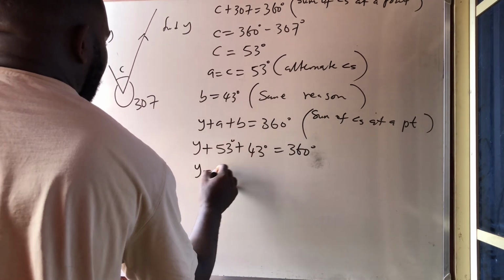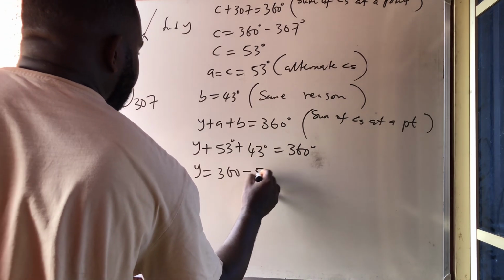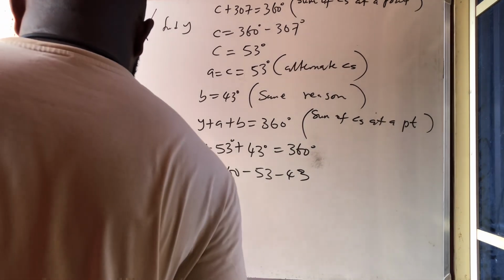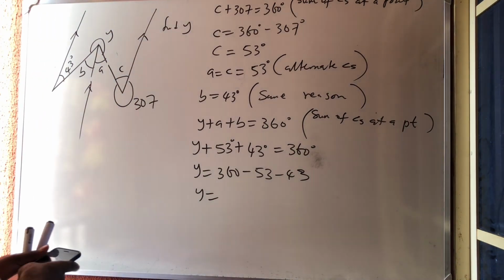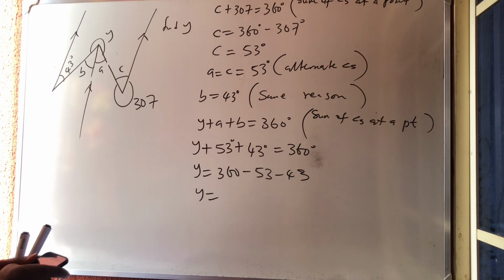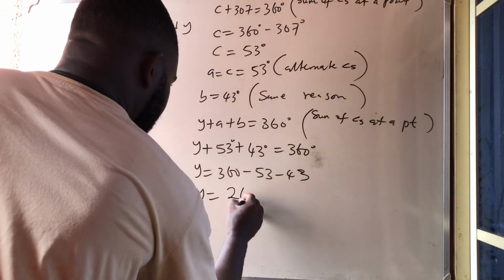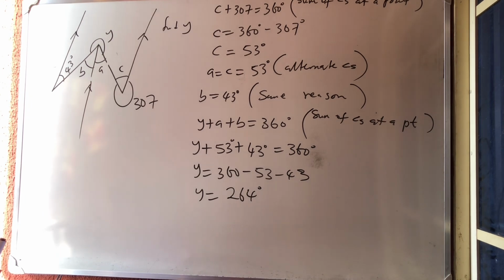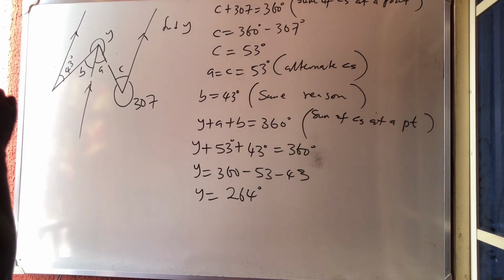So my y is 360 degrees minus 53 minus 43, so my y is equal to 264 degrees. As simple as that. Very, very simple question. So the next question.